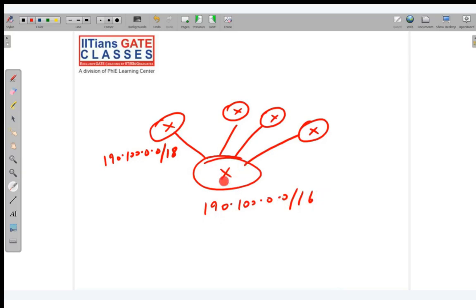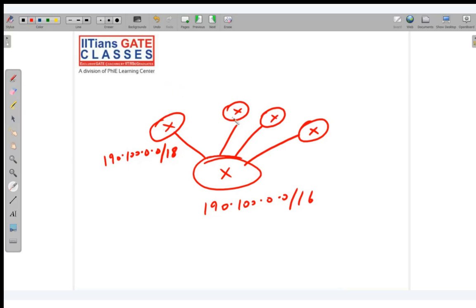This router is handling 2 power 16 IP addresses. How many will this router handle? 2 power 14. So how do you see 2 power 14? 190.100.0.0/18. Slash 18 means it will handle 2 power 14 IP addresses. Why 2 power 14? Because 2 power 32 minus 18, and 32 minus 18 is 14. So it will handle 2 power 14 IP addresses.